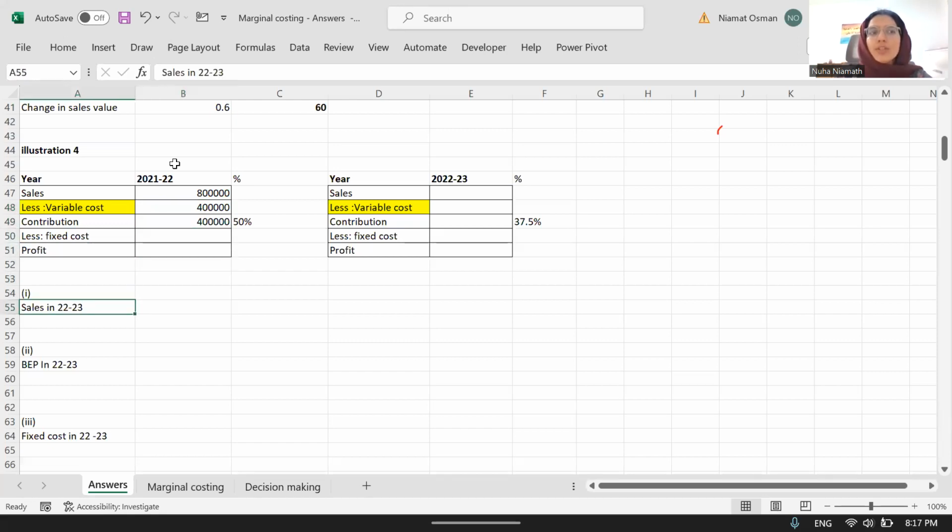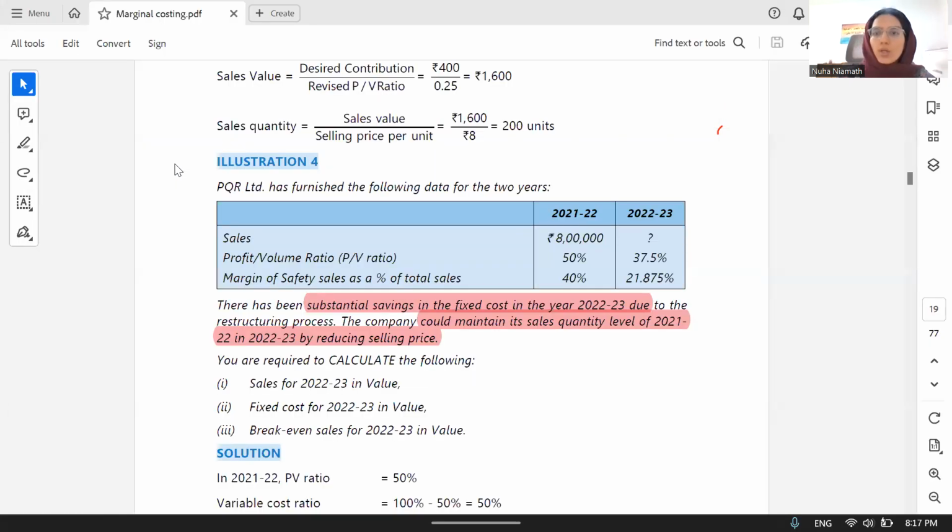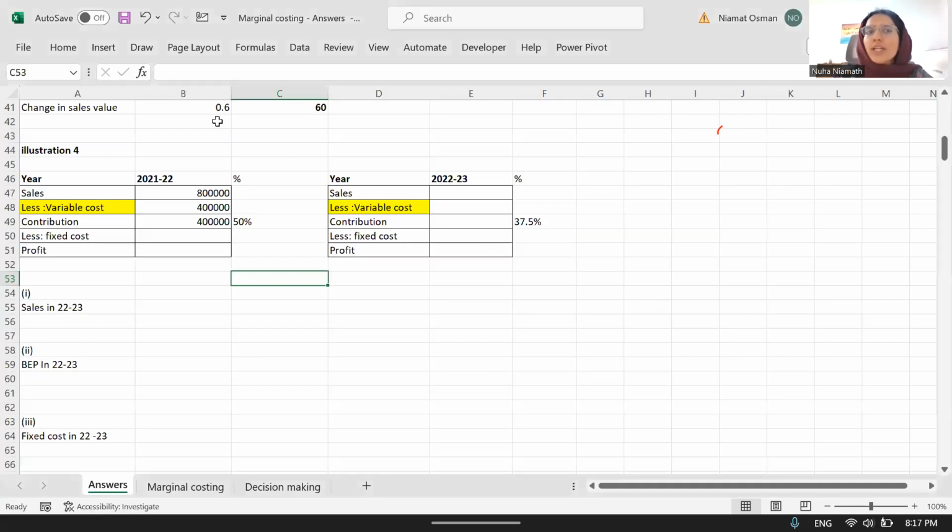Now, the first thing that we need to do is calculate the sales in 22-23. Sales quantity level is the same, which implies that if I had sold, let's say, 50,000 units in year one, which is 21-22, I would have also sold 50,000 units in 22-23, correct? So my variable cost per unit is the same, my quantity is the same.